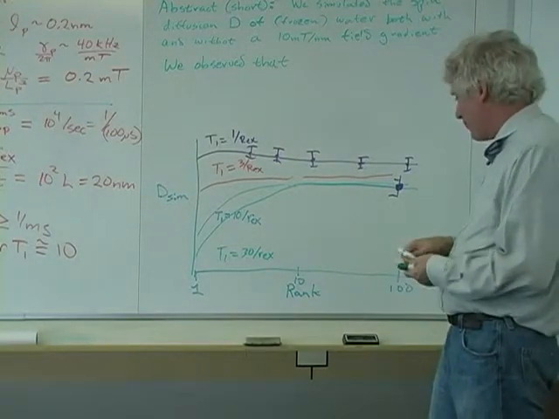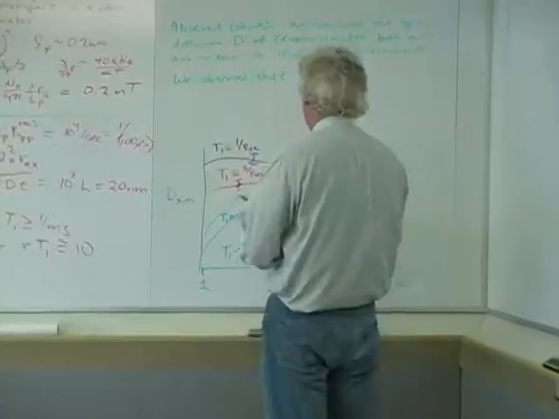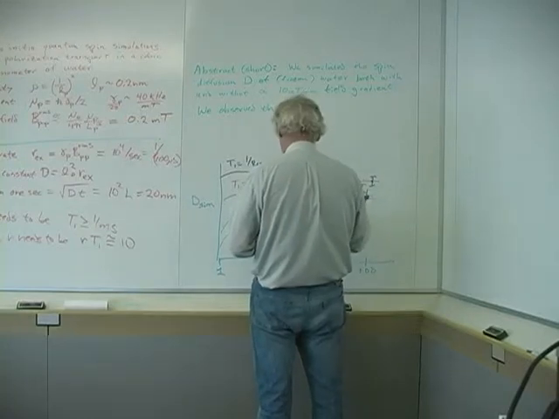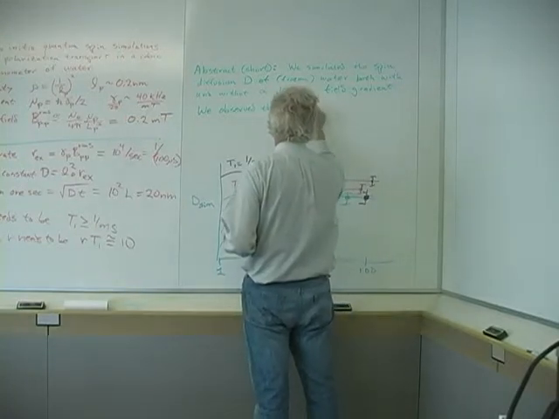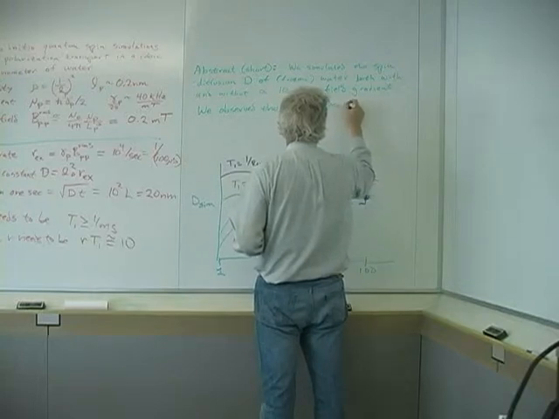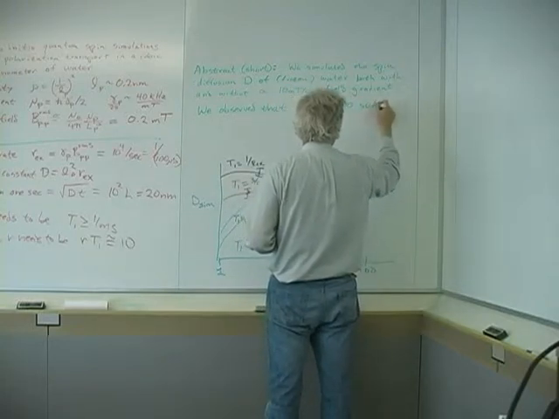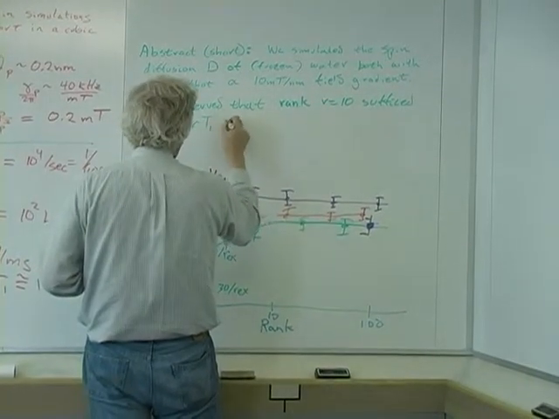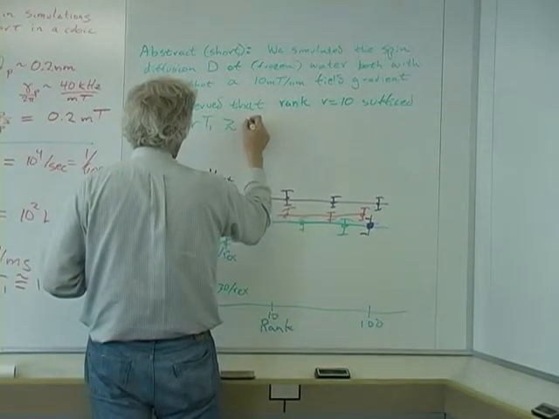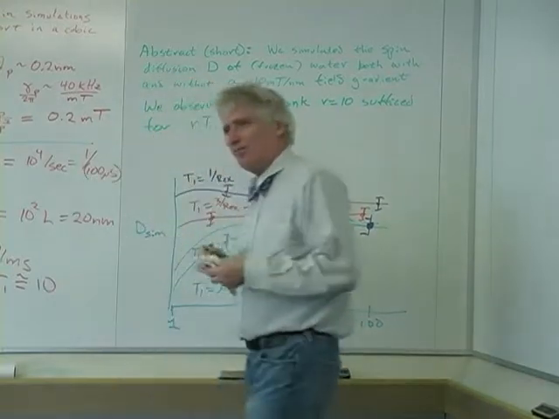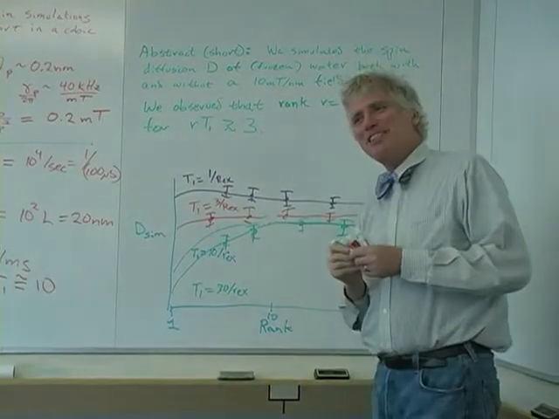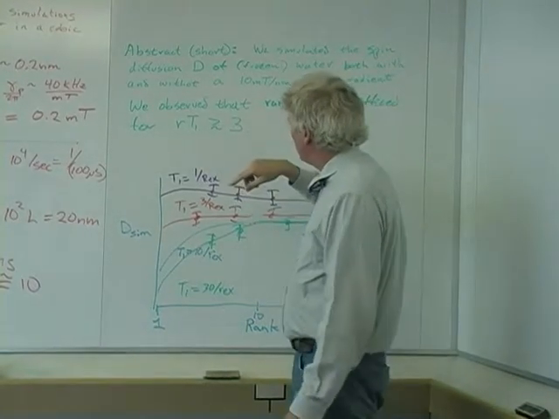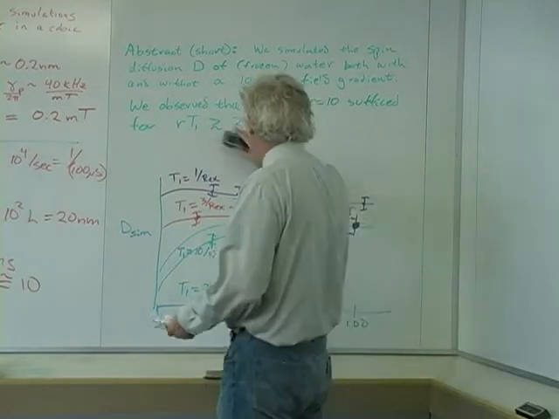So what a good time for me to write a conclusion here. We observed that rank R equal 10 sufficed for RT1 greater than or of order, that would be the most optimistic solution, let's just say of order 3.